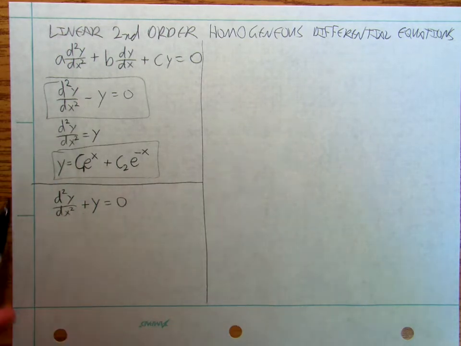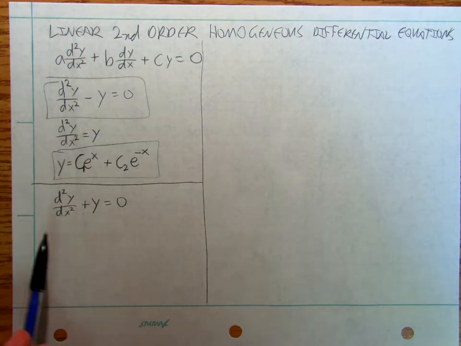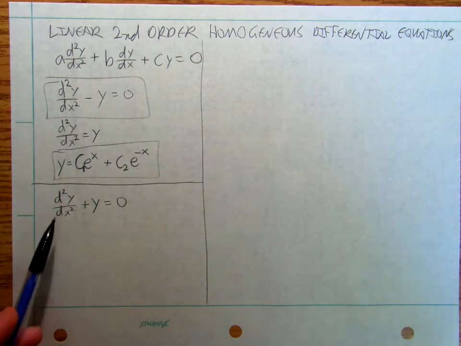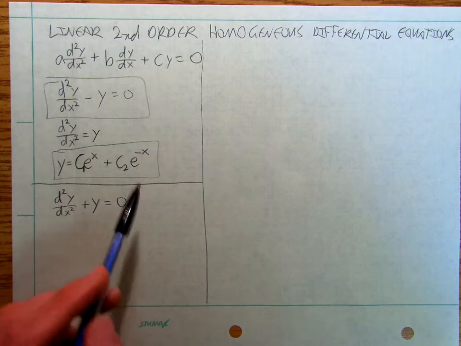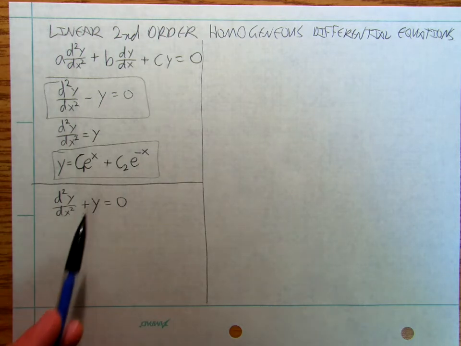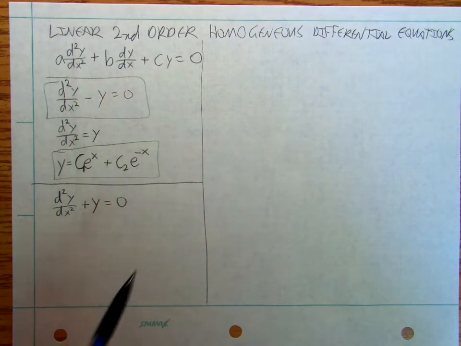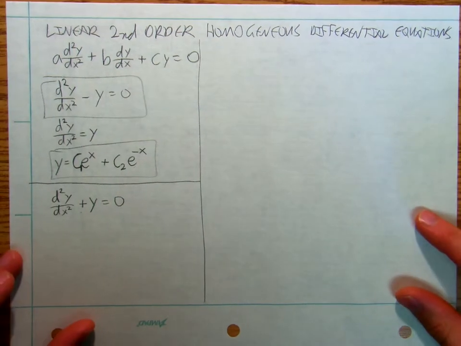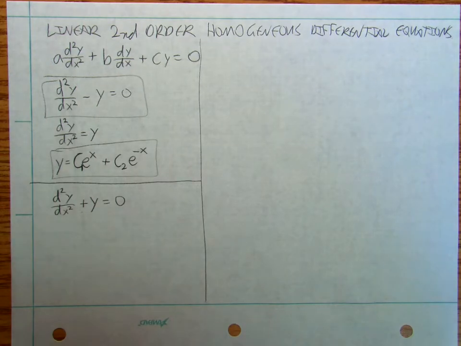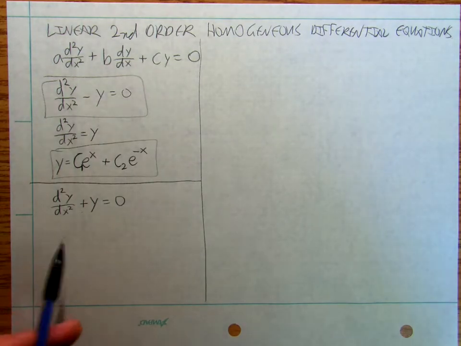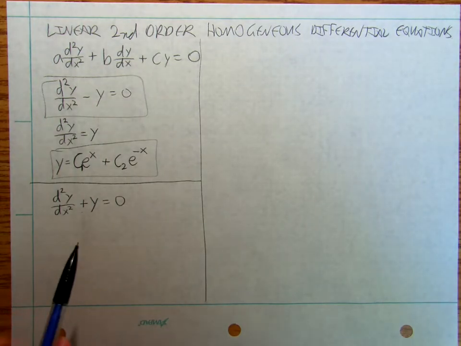If I take the first derivative, I make it negative. If I take the second derivative, it comes back to be positive. That plus that. So e to the x and e to the negative x is not going to work in this case. So think about what other function, there's some simple functions you can think of that would solve that.